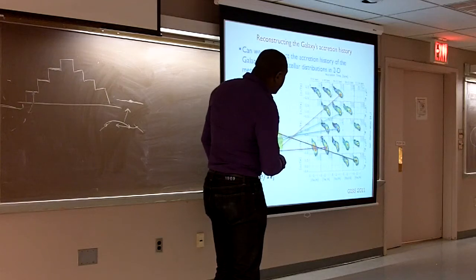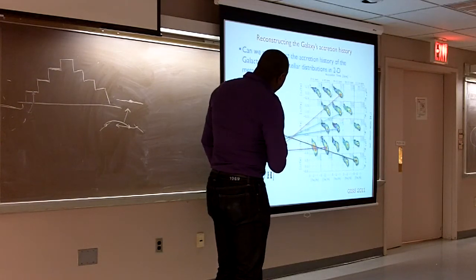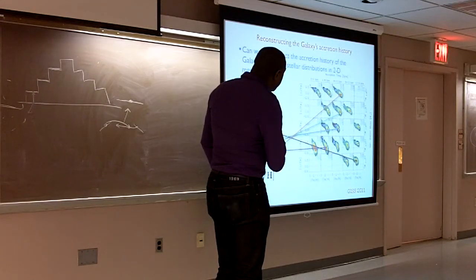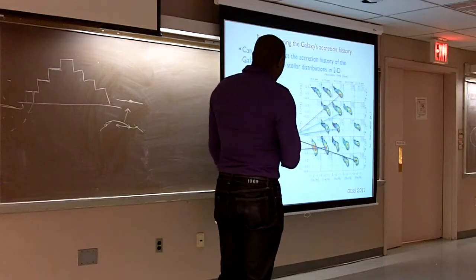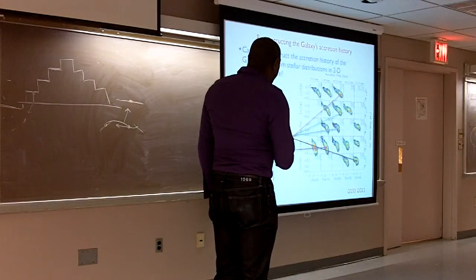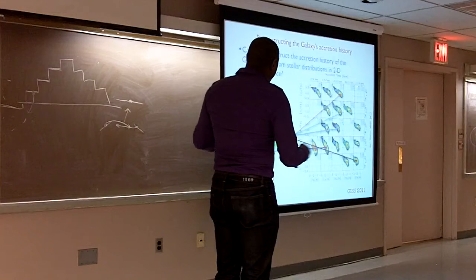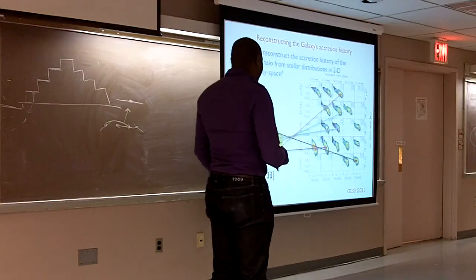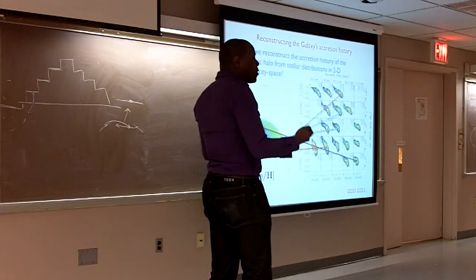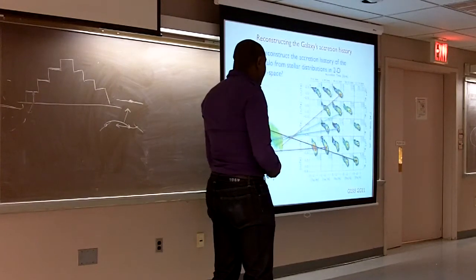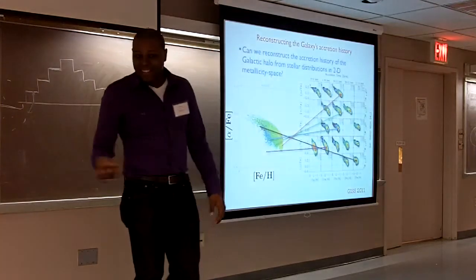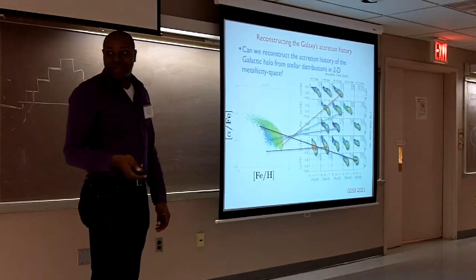I also know here, because of the way the templates are looked at, if there's going to be a contribution from an even lower mass system, it's going to be in this region. So we know in a coarse way how these galaxies could contribute to this whole metallicity distribution. The real question is, can we get a finer account of how the galaxy was constructed? And with that, I'll leave the rest of that explanation to my colleague.